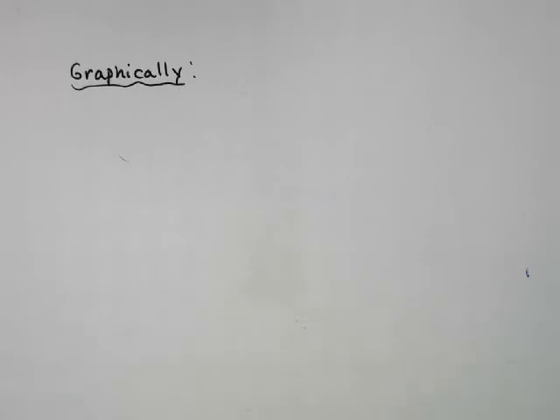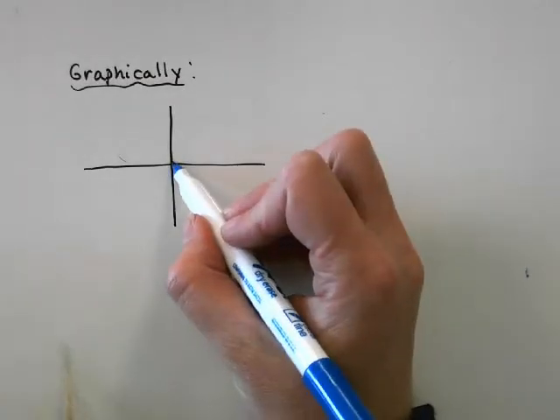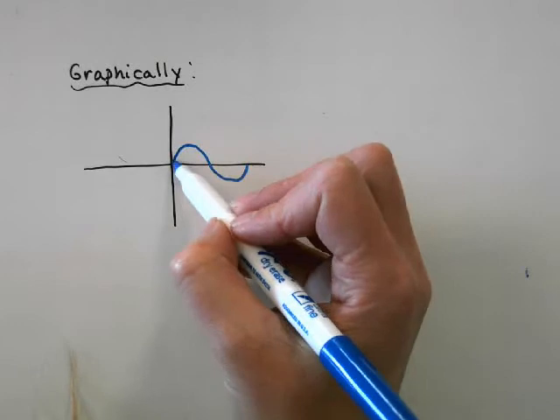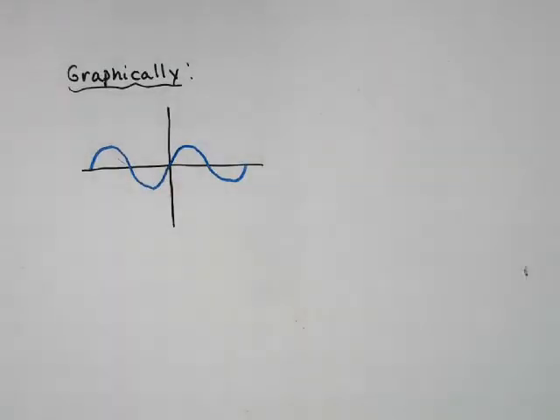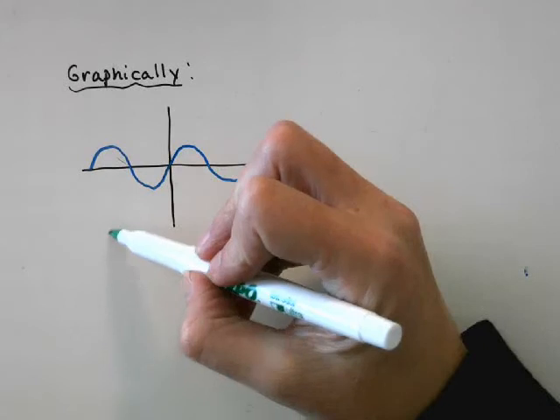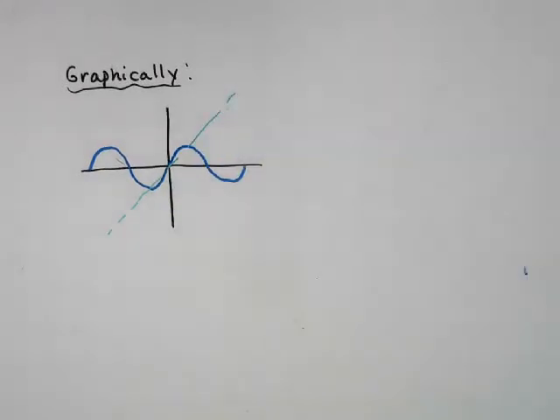Now we're going to take a look at this graphically. Let's do a couple cycles of sine. So there's sine, we continue it. There's a sine curve. If we were to reflect this over the line y equals x, the line y equals x is going to be about here.